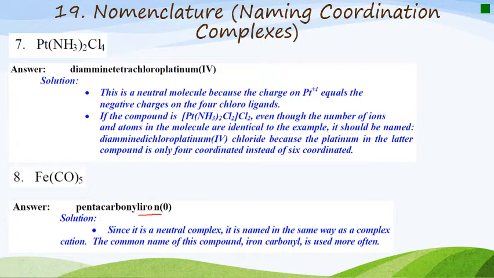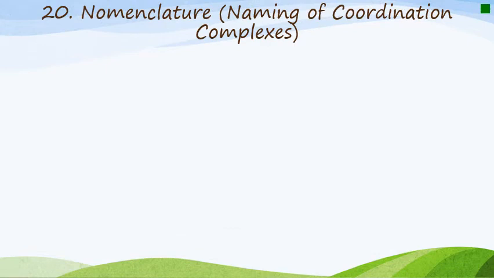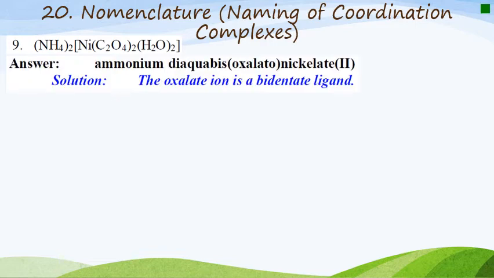Okay, 2 more left. There's this example that's quite hectic. You need to think carefully about this one. Work through the solutions, recognizing each of the elements present and the ligands present.